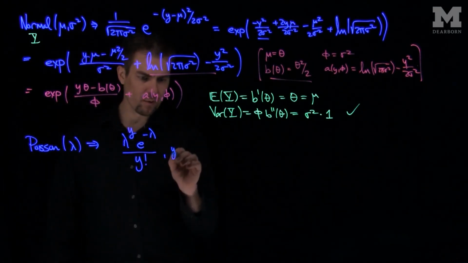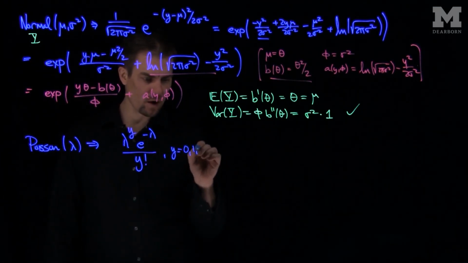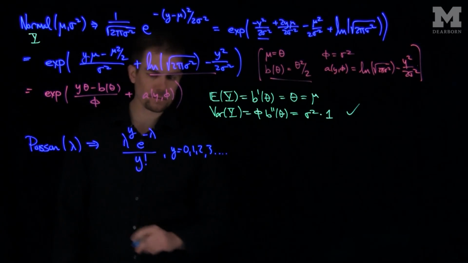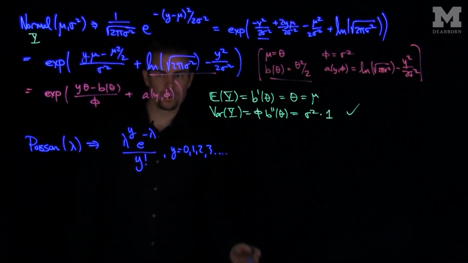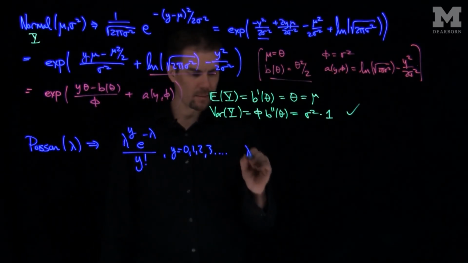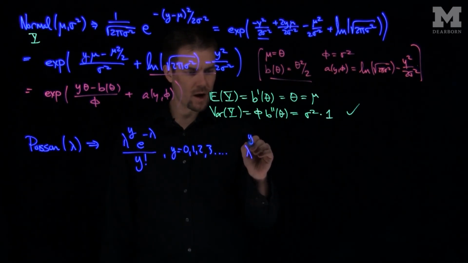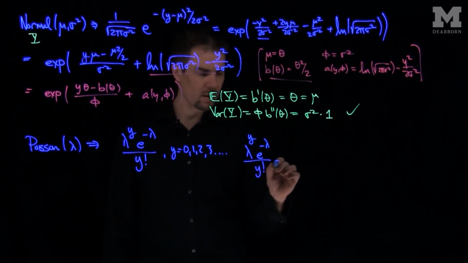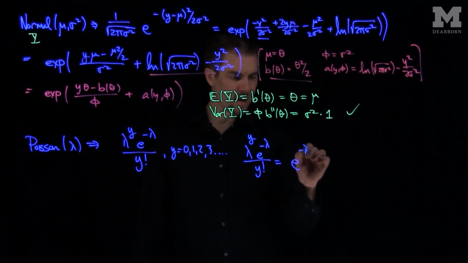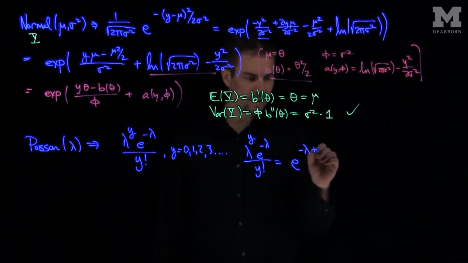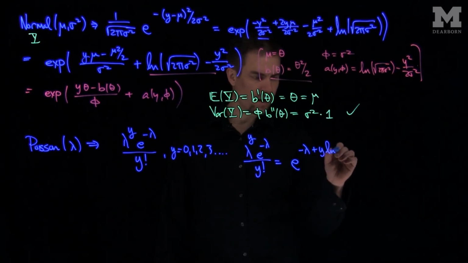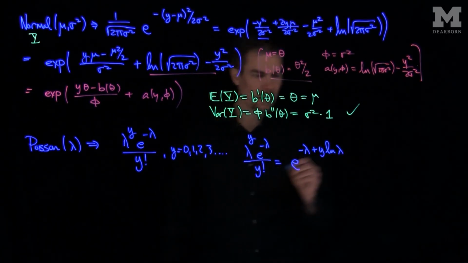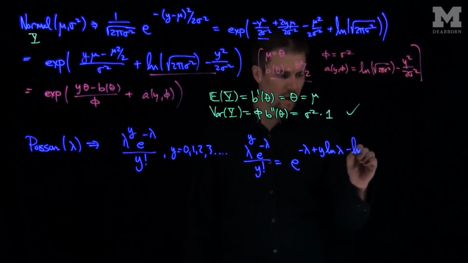And of course here the support of y is equal to 0, 1, 2, 3, etc. So what we'll do is we'll take this lambda to the y, e to the negative lambda over y factorial, and write this as e to the negative lambda plus y log of lambda, and then minus the log of y factorial.